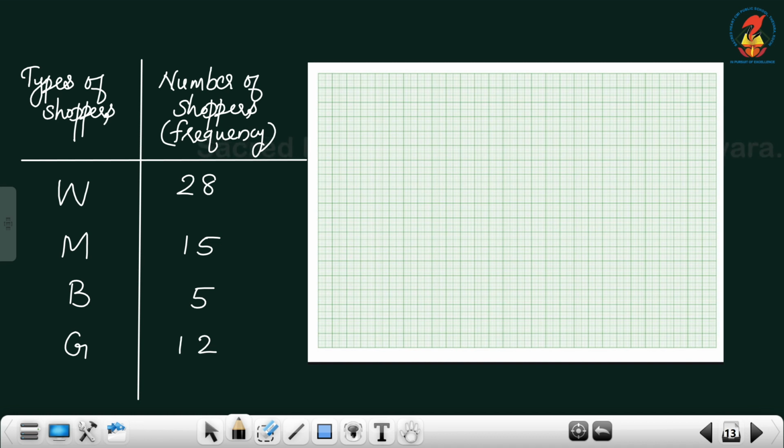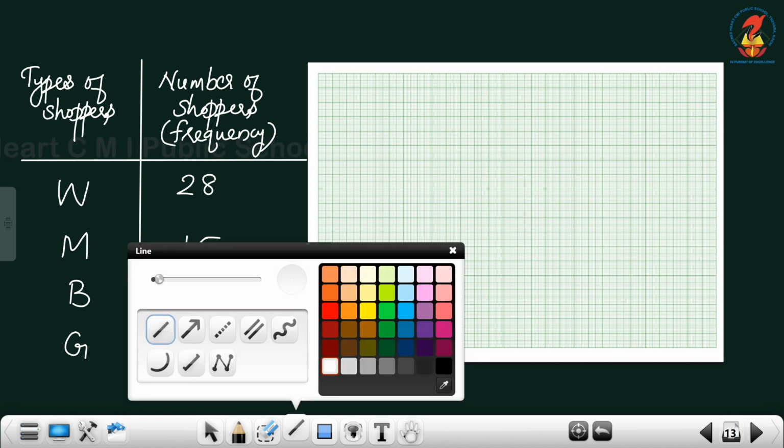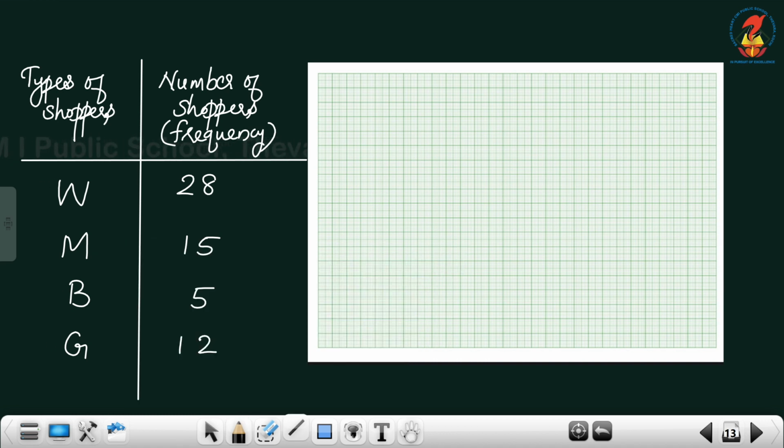Then we have to take the graph sheet. First of all, what we have to draw? We have to draw the x-axis and y-axis.